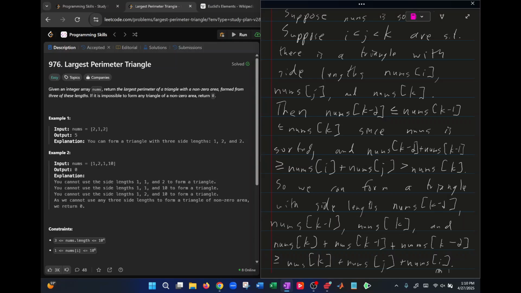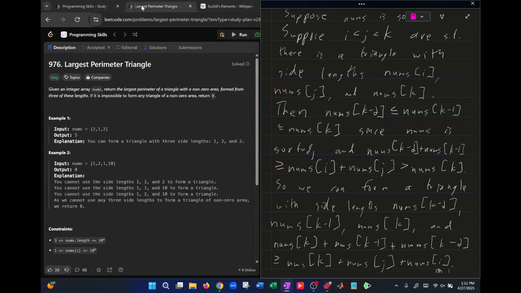And therefore, the largest triangle that you can form from any three values of the array can be found just by considering all triples of adjacent indices.